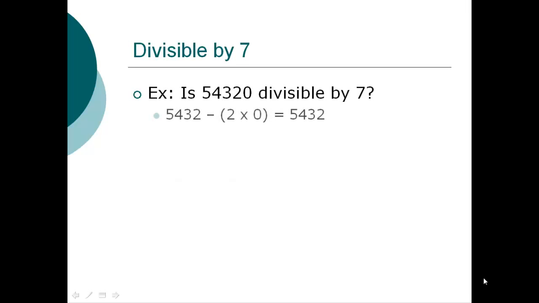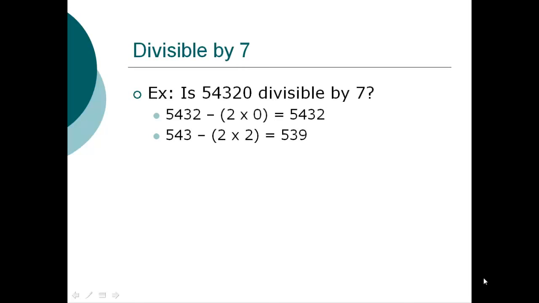Now this is another example we can try, and we'll do this question much faster. So we can tell right away that 0 is the last digit, so we take away 0, we double that number, and we have 5432 left. Since it's too big of a number to tell, we repeat the process again.